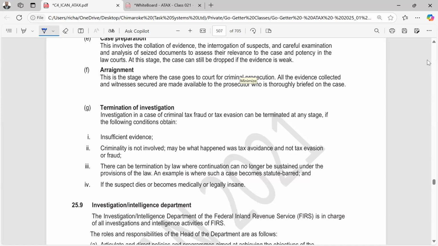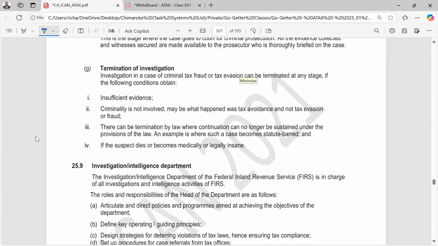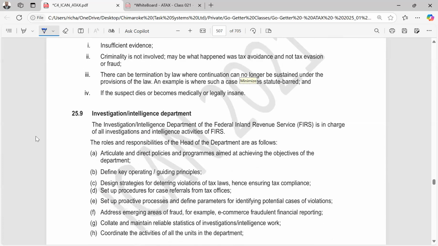So when that is so, they cannot prove crime, or they don't have enough evidence, they will terminate the investigation. And when they terminate the investigation, the case stops. Or if the suspect dies or becomes mentally unfit, then they will terminate the investigation. So that's it.